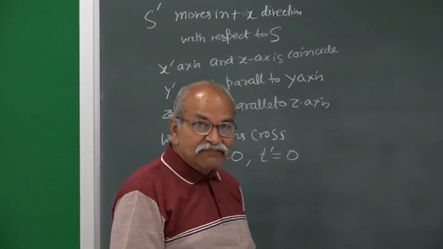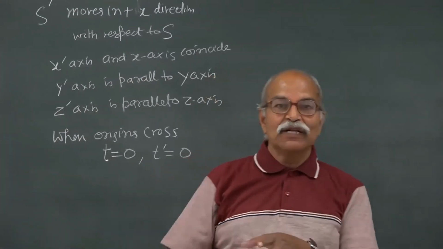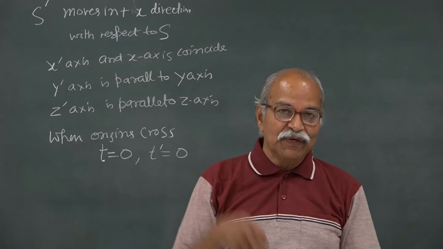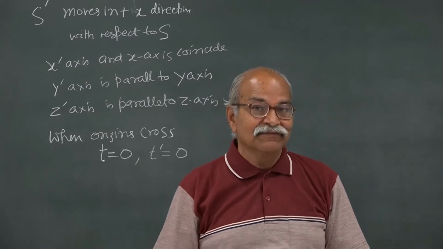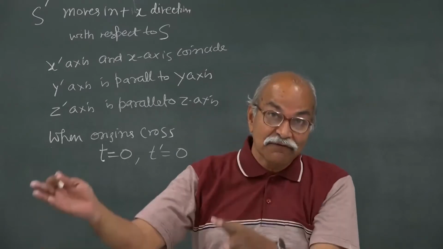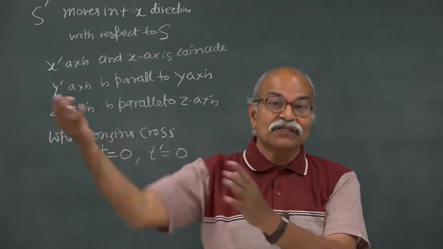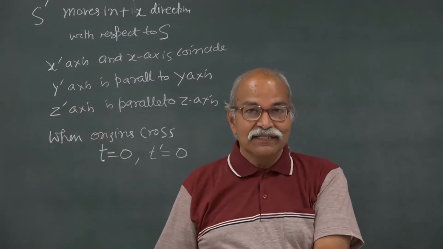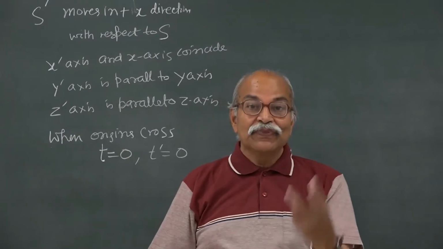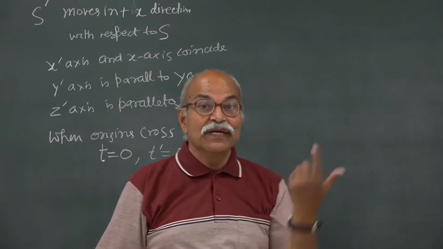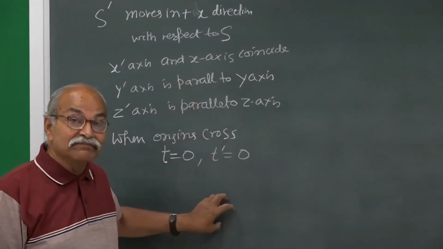What if these conditions are not met and I have to work from a frame which is moving with respect to S, but perhaps not in x direction? Perhaps the orientation of the axes is different. X prime axis is not coinciding with x axis and it is at some angle. So the Lorentz transformation equations that we had written will not have that form.